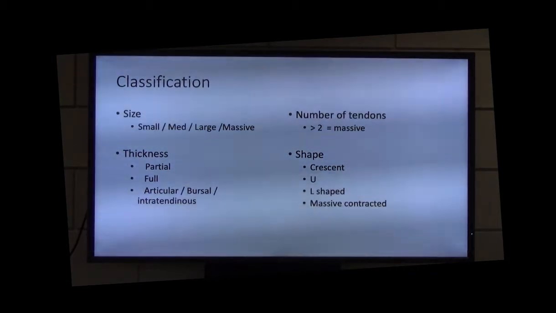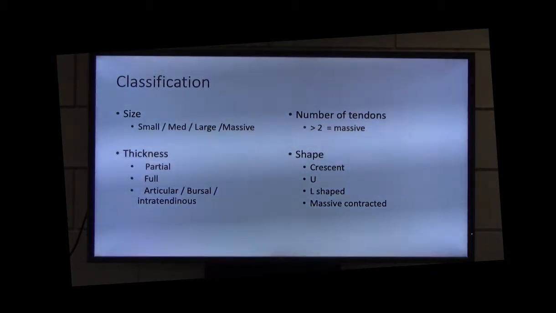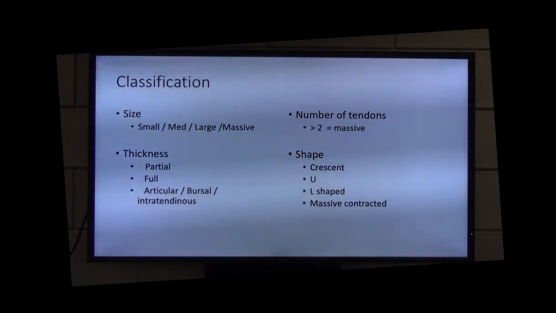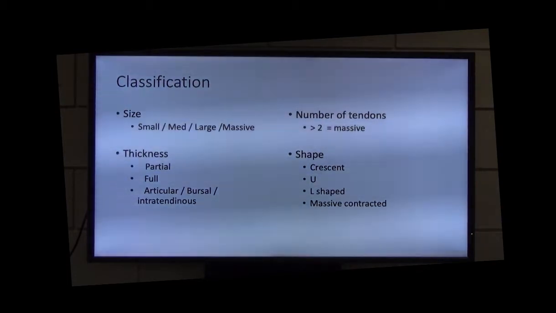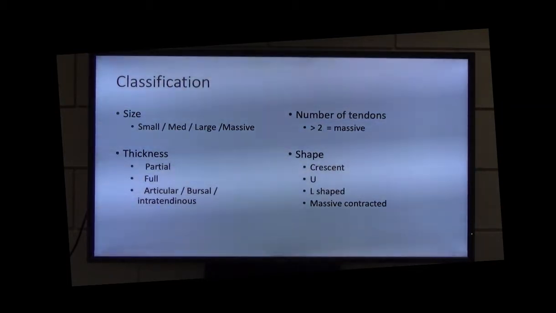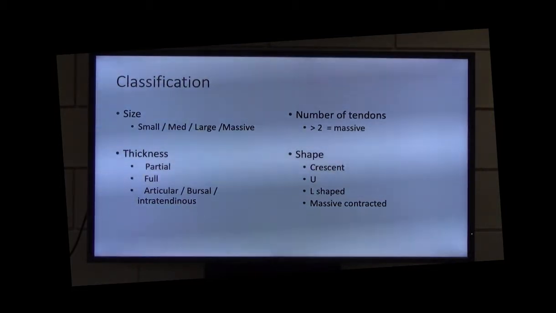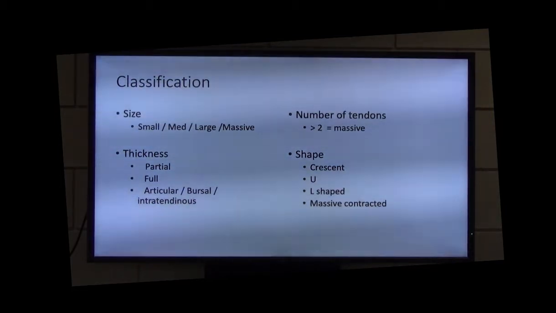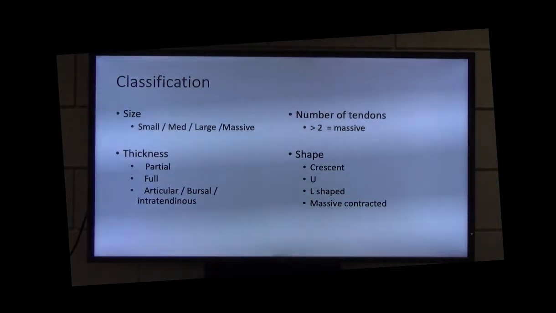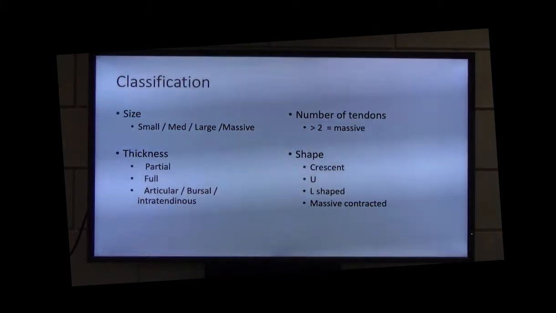With partial articular-sided tears, there's an arbitrary number of 50%, so if you get 50% uncovering of the footprint, it's basically when you start to repair them. However, you also have to take that in context with the activity of the person, the quality of the tendon, and the function of the person.